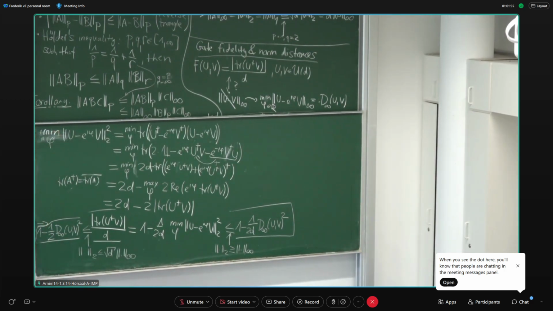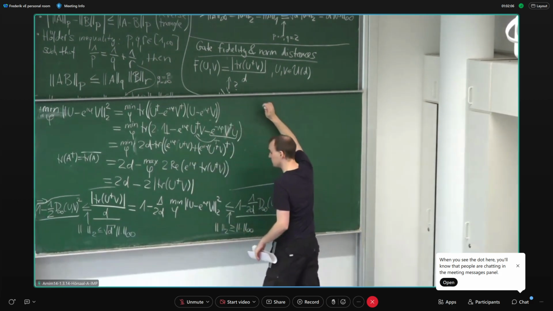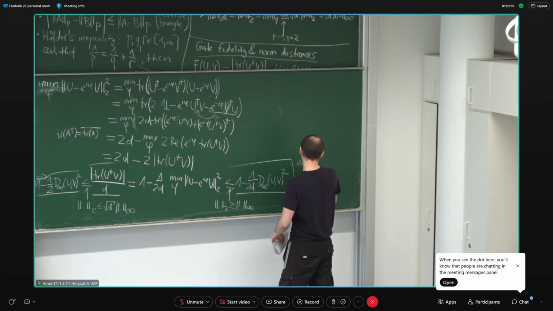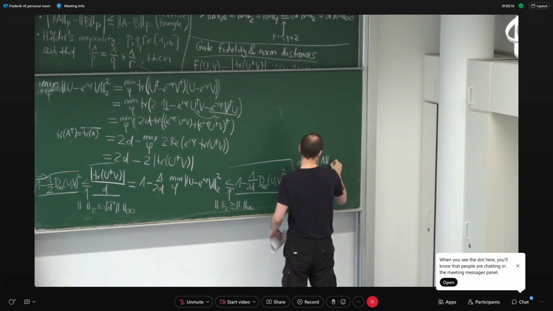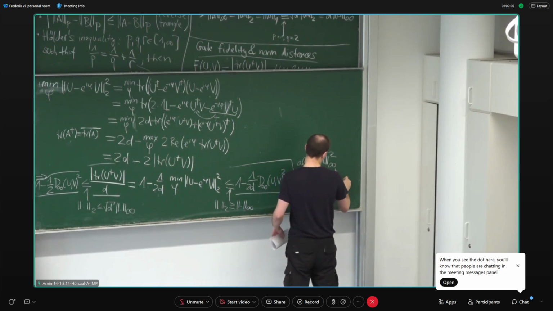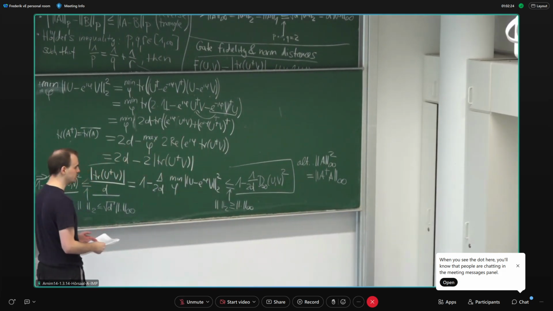And there are other proofs for this. I'll only tease this, I won't show it in detail, but you can also use the C star property of the operator norm. You can use that the operator norm squared is always equal to the operator norm of A dagger A. If you look at the definition of singular values, that's not super surprising.